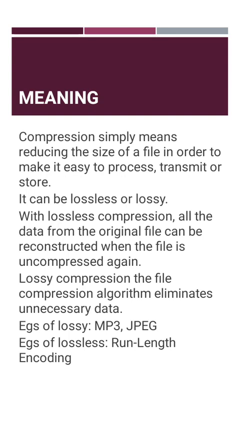But we are removing those items of data that we think are not very pertinent to the user of the file, right? So examples of lossy compression are MP3 for sound and JPEG for images. Then for lossless compression, we have run length encoding. You shall also see zip and deflate as examples of lossless compression algorithms, RAR and everything. But here I've simply given one example of lossless compression.